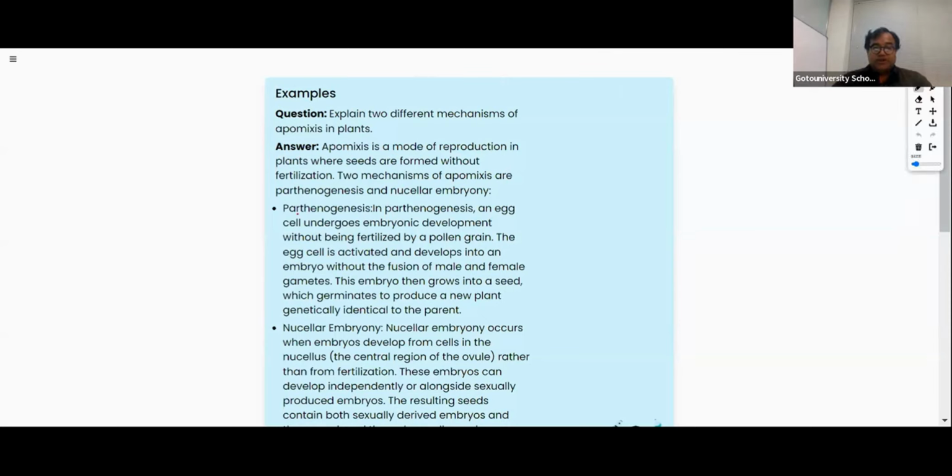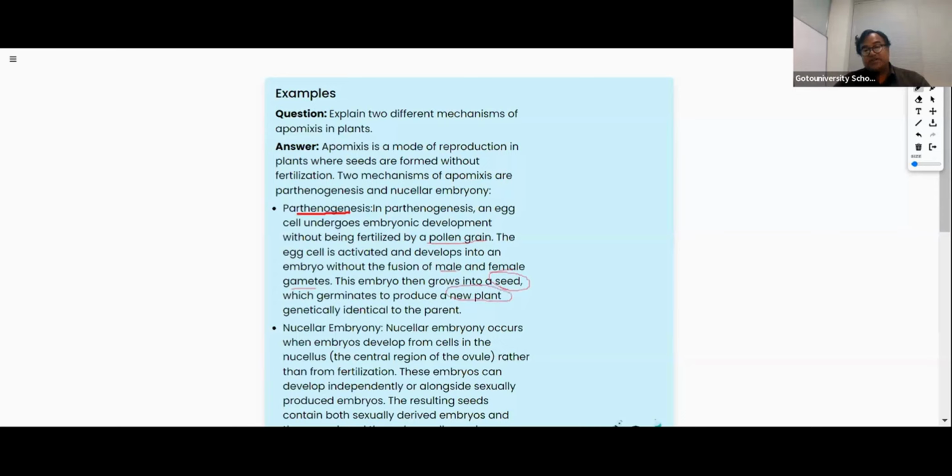Parthenogenesis: the egg cell undergoes embryonic development without being fertilized by a pollen grain. That means the pollen grain is not giving the male gamete for making the new zygote. We know very well that male and female gamete fusion makes the zygote. The embryo develops into the seed, the seed germinates and becomes a new plant.